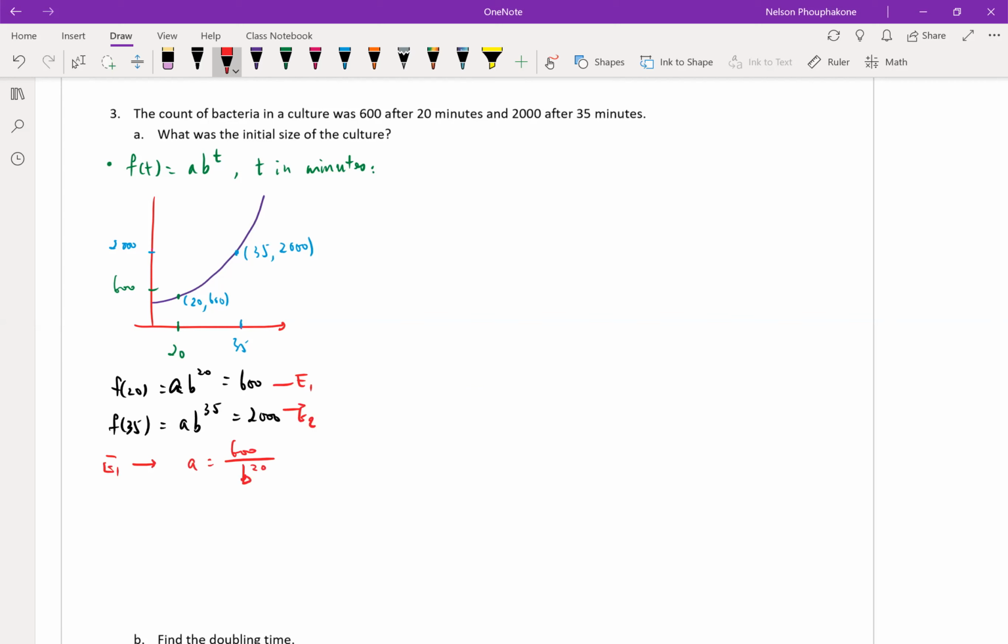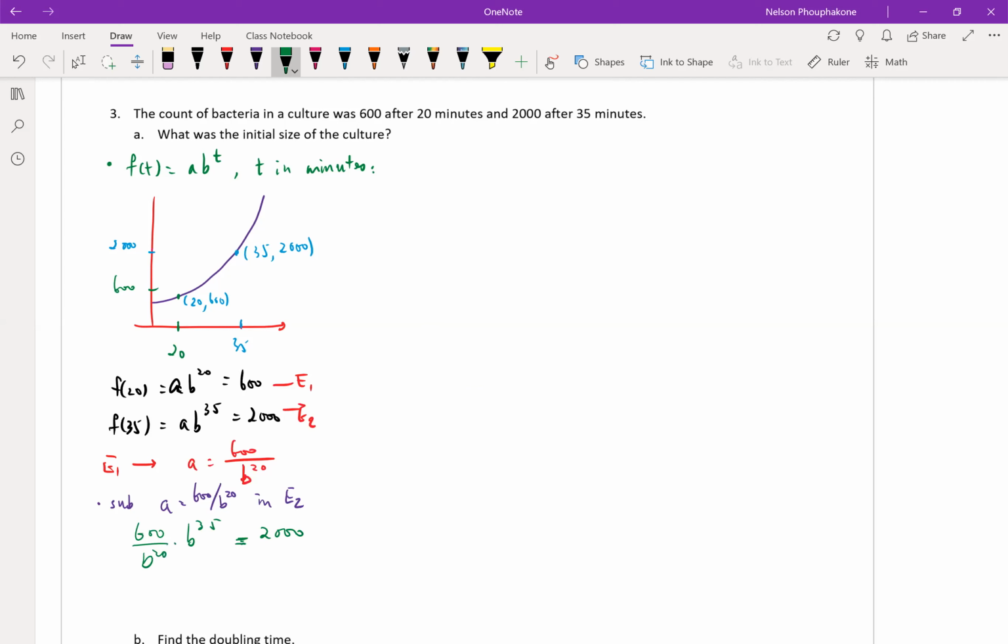Now we are going to substitute a equal to 600 over b to the 20 in E2. Now I will have 600 over b to the 20 times b to the 35 is equal to 2,000.